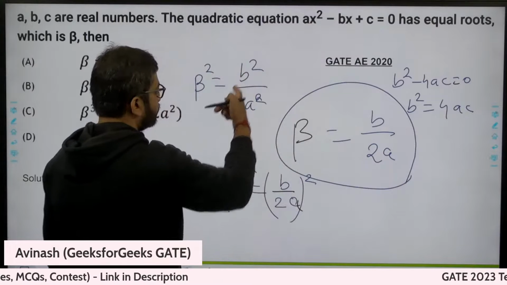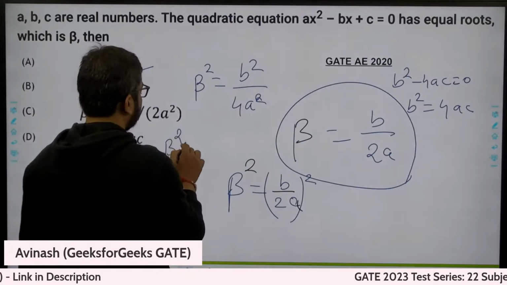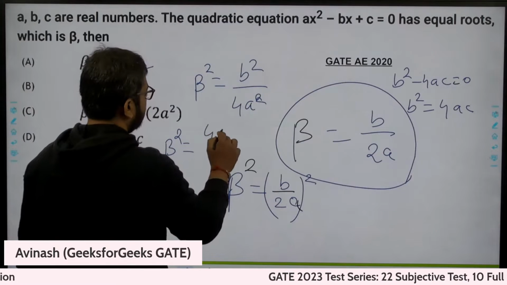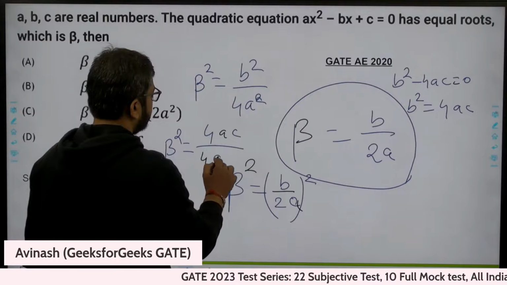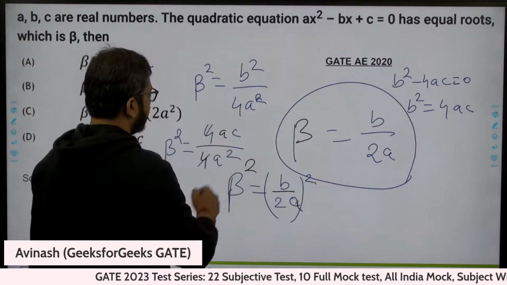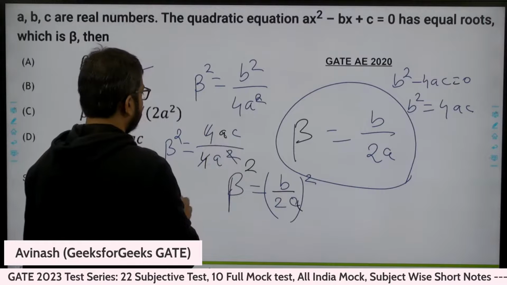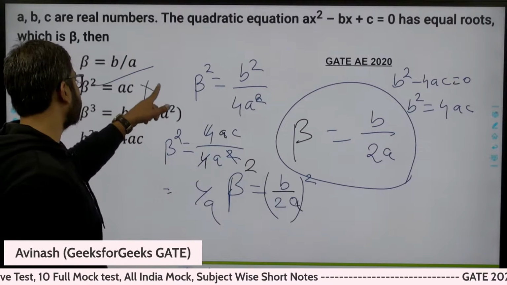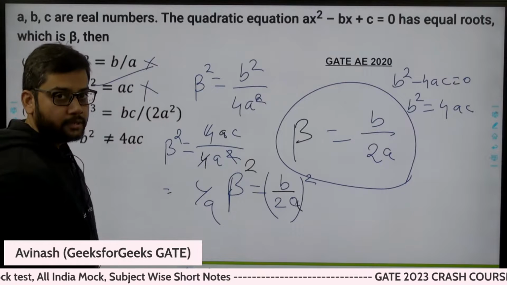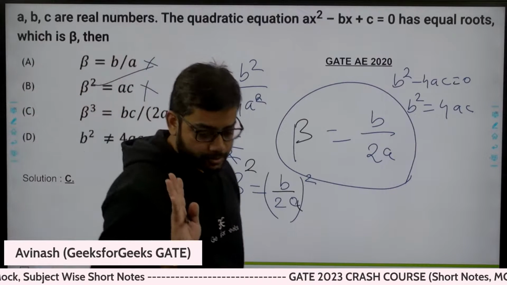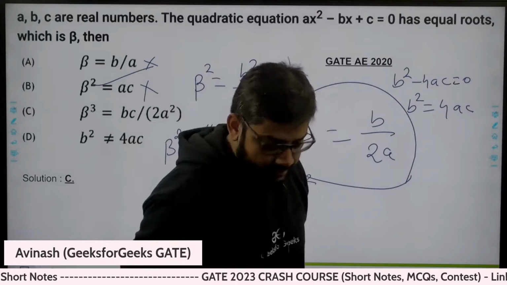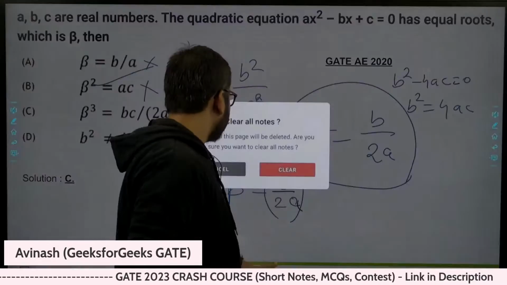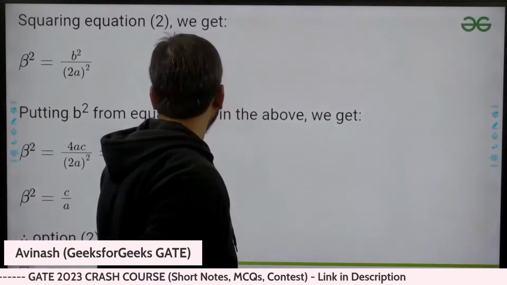If I put this b square value here, beta square is equal to 4ac upon 4a square. 4 cancels, a cancels, this is c by a, but here it's ac, so this option is also incorrect. We have eliminated 2 options. Next, let's go for the third one.